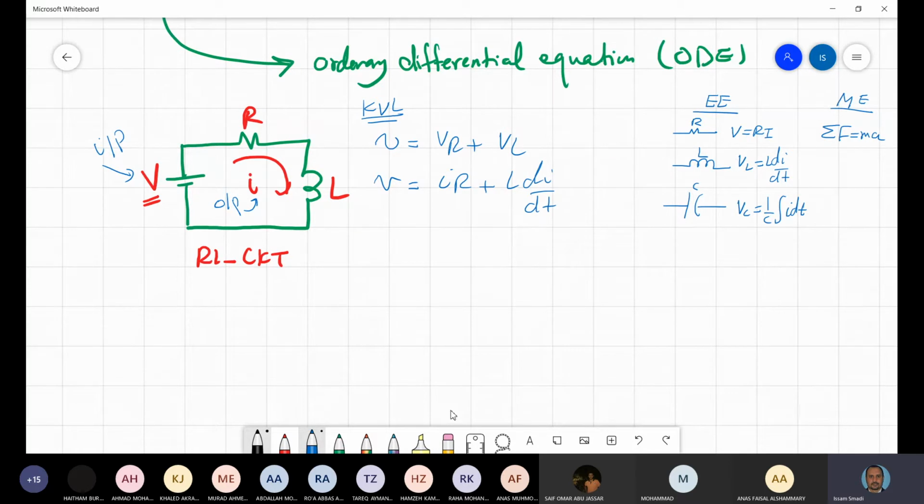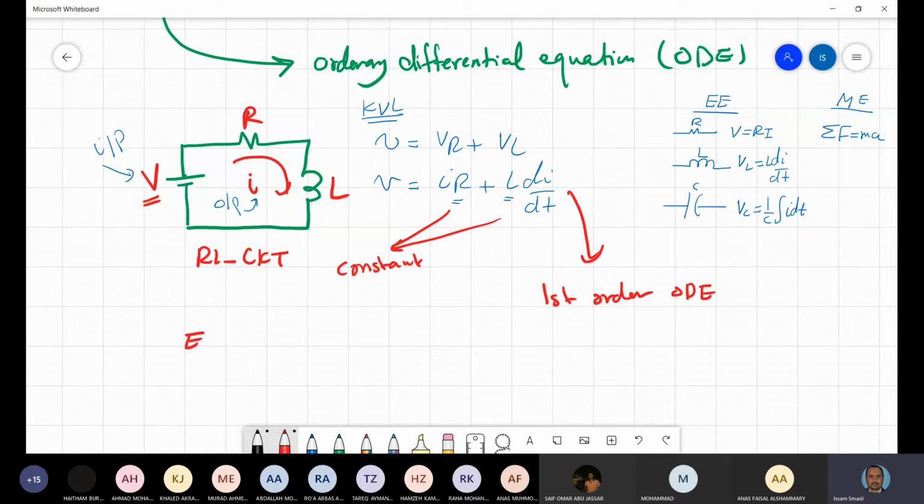Now let's see. R and L, constant or varying? Constant. So simply those are constant. So this is an example of a first order ordinary differential equation. Yeah, correct? Another example.